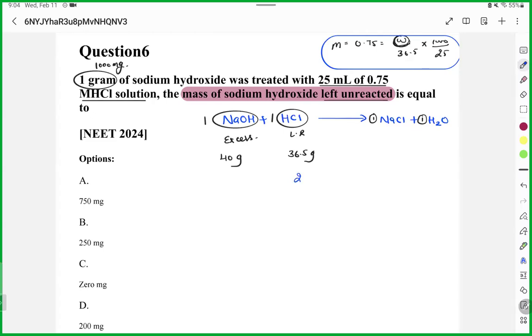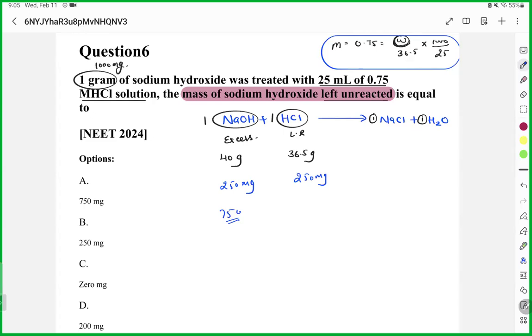So, if it is 250 mg, it means 250 mg of NaOH will be utilized. What will be the remaining out of 1000? 750. Okay, I just calculated 250 and I thought that was the answer. Now you have to tell me the calculation. What is the answer?